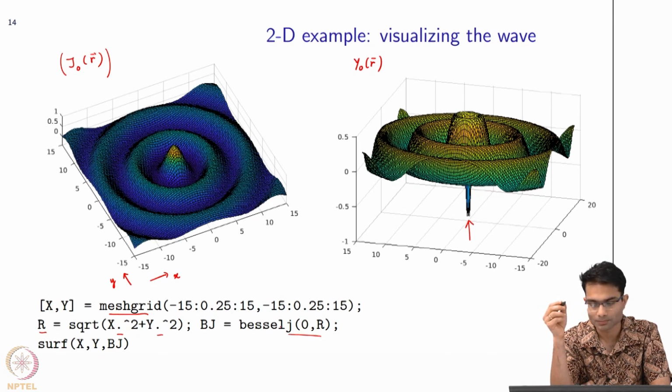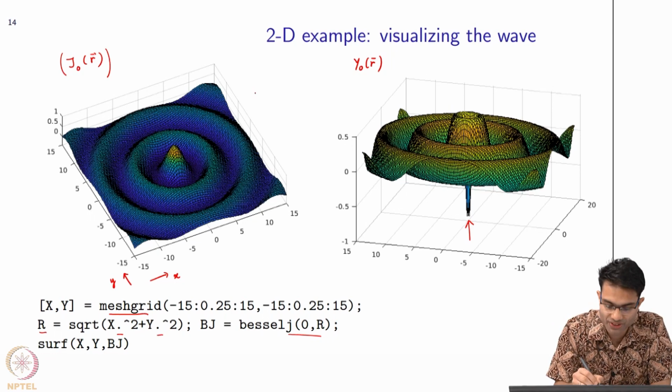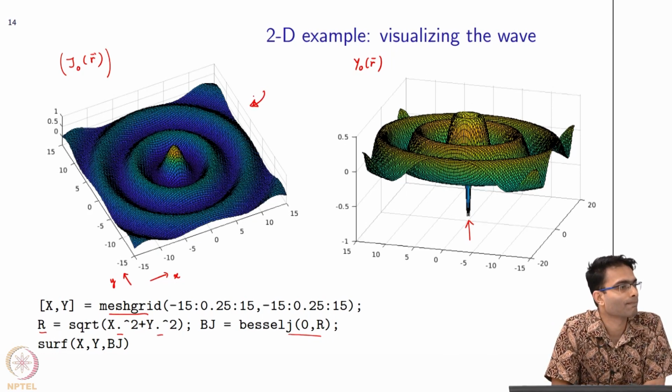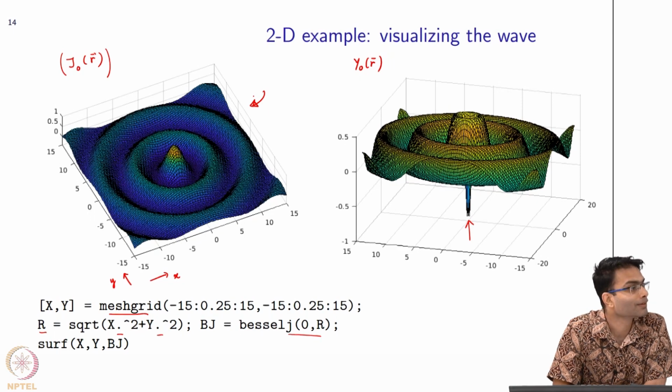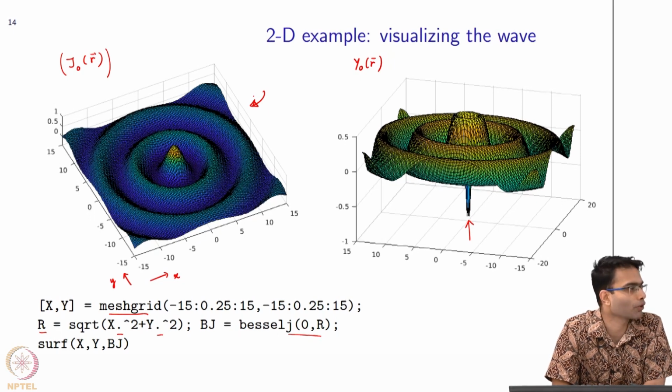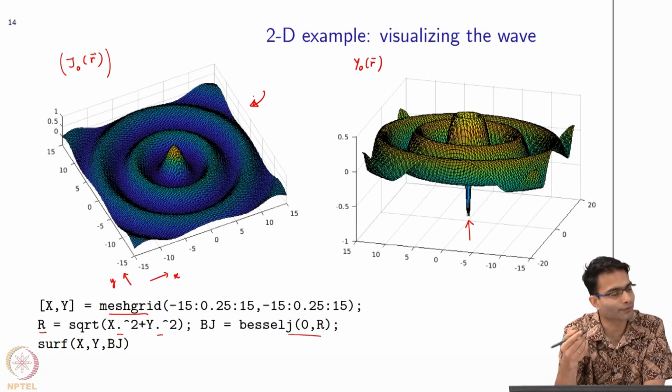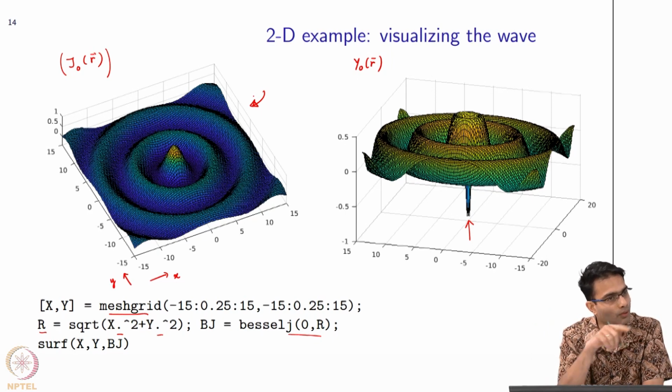Now just out of curiosity, have you seen something like this in real life? Ripples in a pond, or even closer to home, when you have a bath, you put water in your bucket, you see ripples like this on the surface of the water, right. Actually, if you look at the differential equation for the water surface, it turns out to be the same Bessel's differential equation.